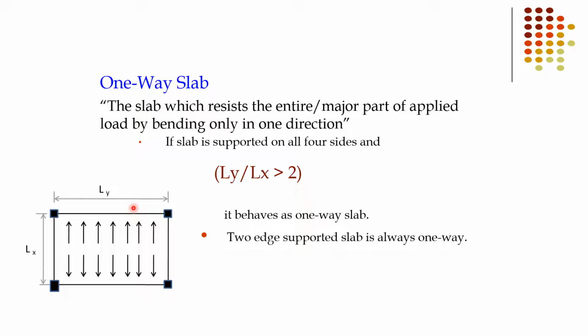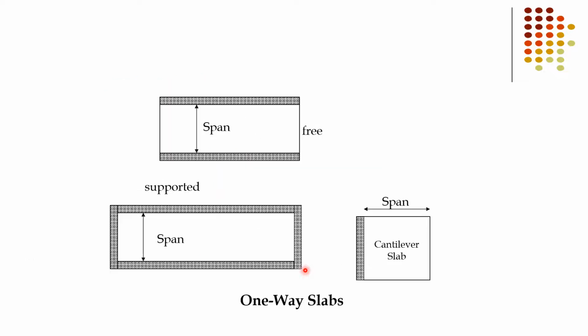So that's why that type of slab is also called a one-way slab. The cantilever slabs that are present in our buildings, in plazas, all act as one-way slabs. Here you can see this slab is supported on two sides, so the load distribution again will be on this side and this side only. So this type of slab is also a one-way slab.